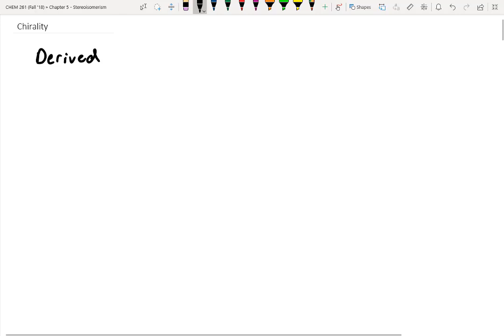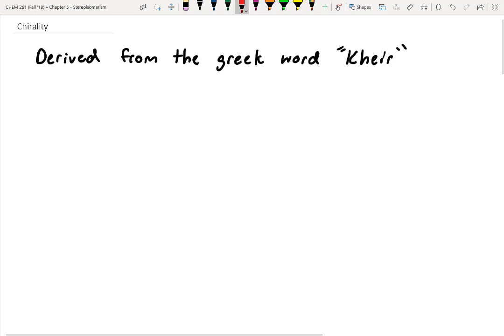Chirality is derived from a Greek word. So it's derived from the Greek word kyr, and what this means is hand.